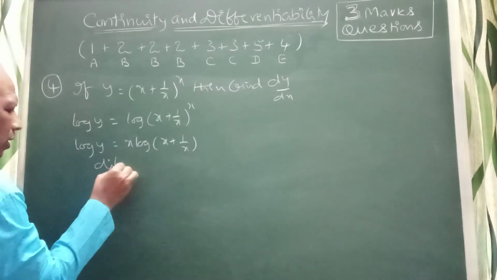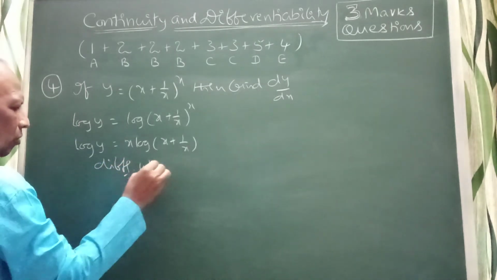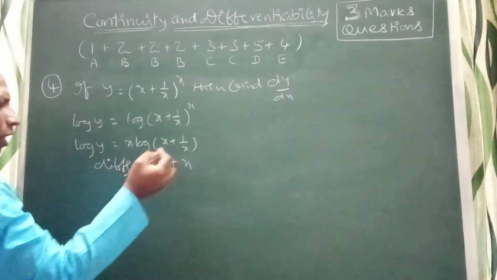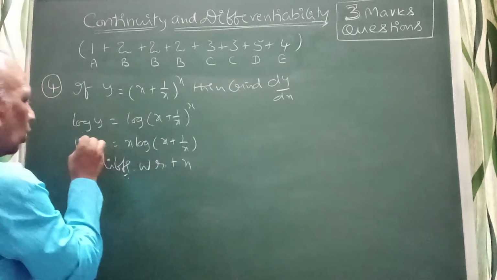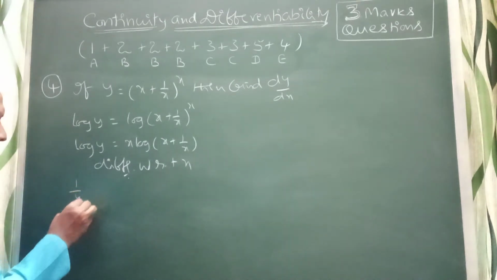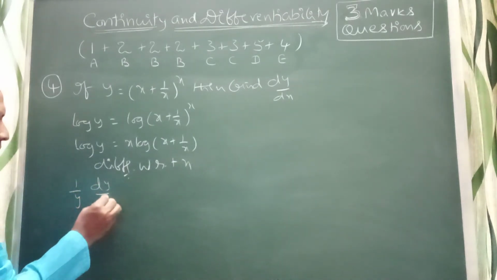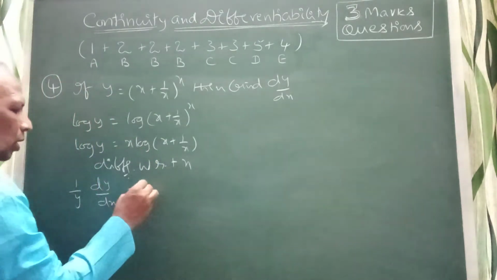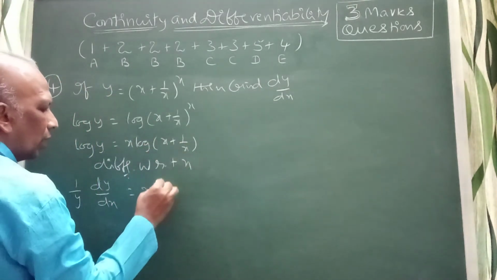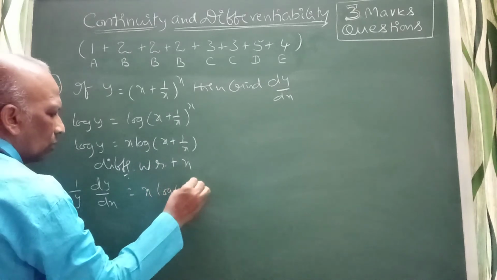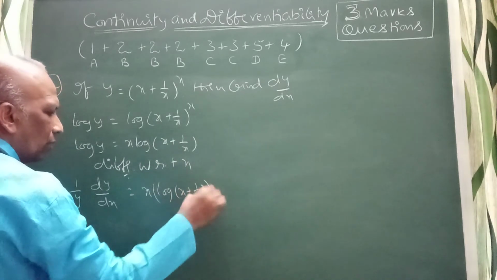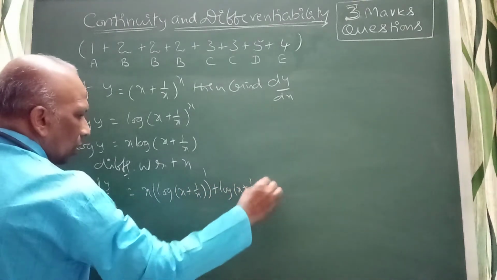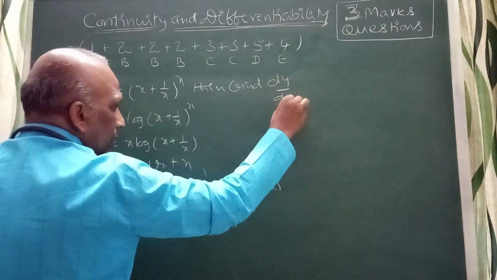Differentiating with respect to x. Now the log y gives 1 by y times dy by dx. Here the product rule: first into derivative of the second, log of (x plus 1 by x), plus log of (x plus 1 by x) into derivative of x, correct?